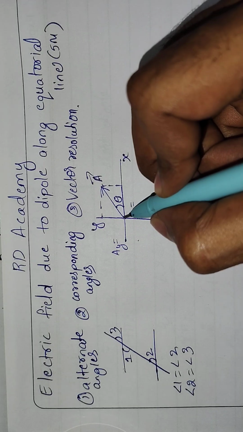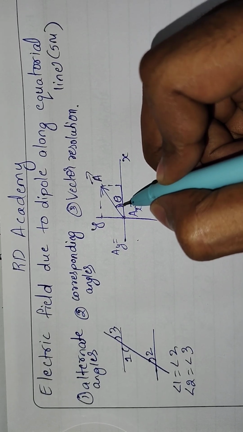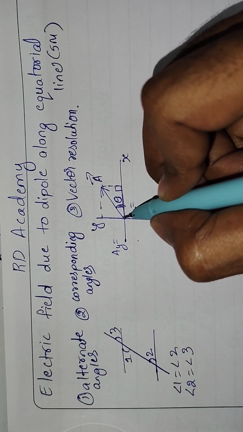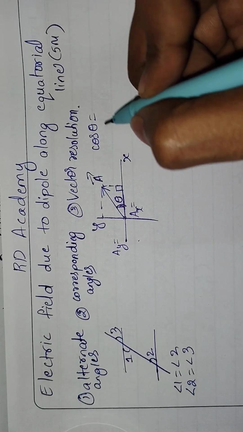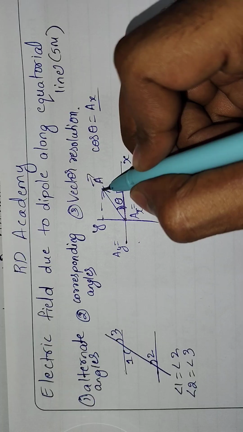Now look at this triangle. This is a right angle triangle. In this triangle, if this is angle theta and this is angle 90 degrees, then this side is the adjacent side. So if I write cos theta in the triangle, it will be this length, that is Ax, divided by the hypotenuse length.